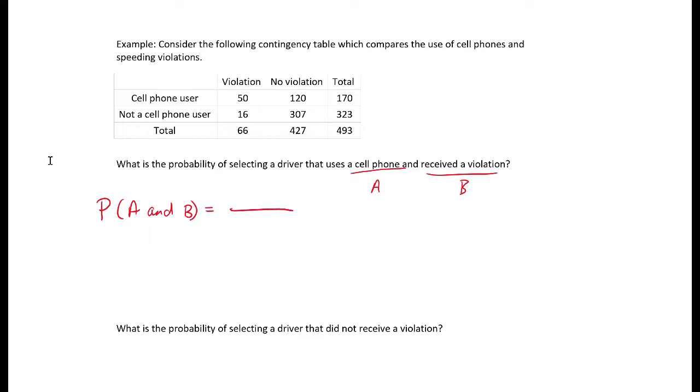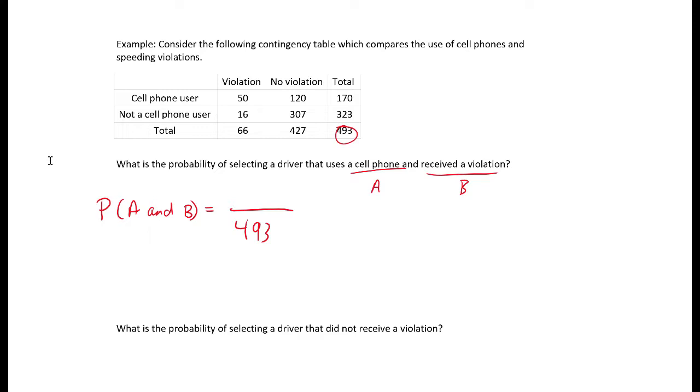There are no restrictions on your domain here. We're trying to figure out the probability, out of everybody, that we select a cell phone user who received a speeding ticket. Because it's out of everybody, our denominator is going to be that grand total of 493.